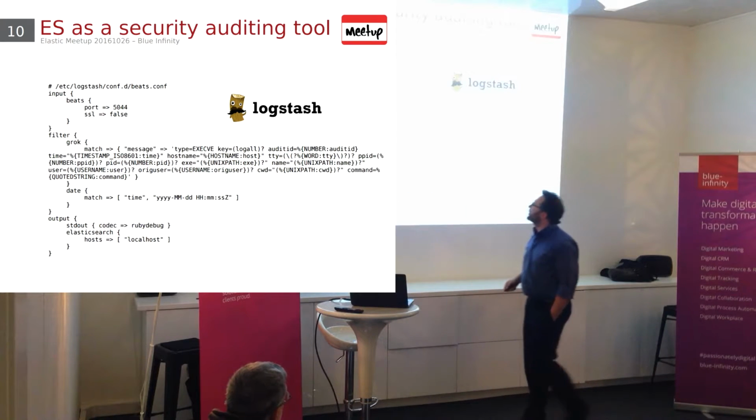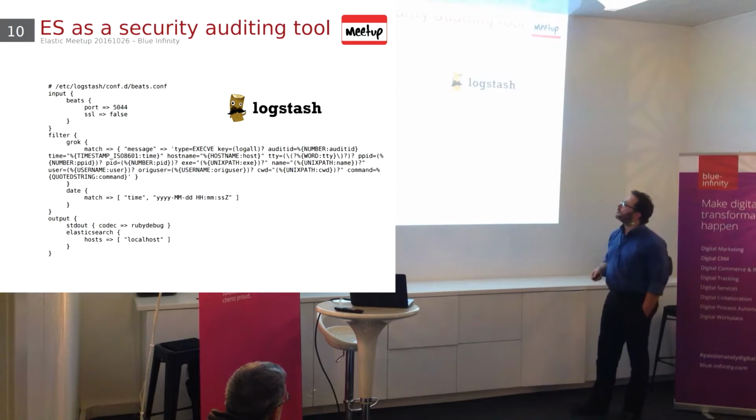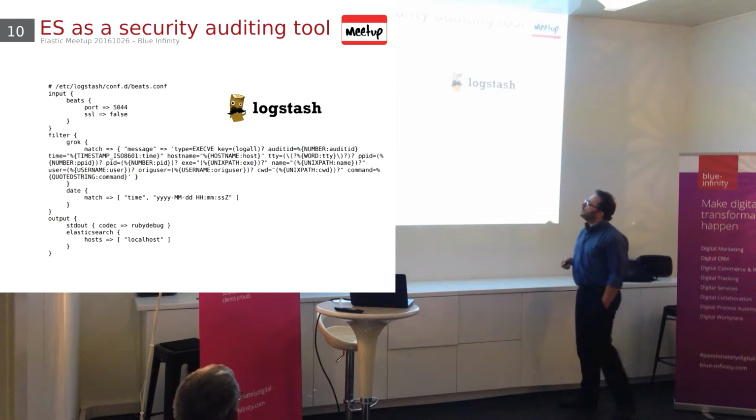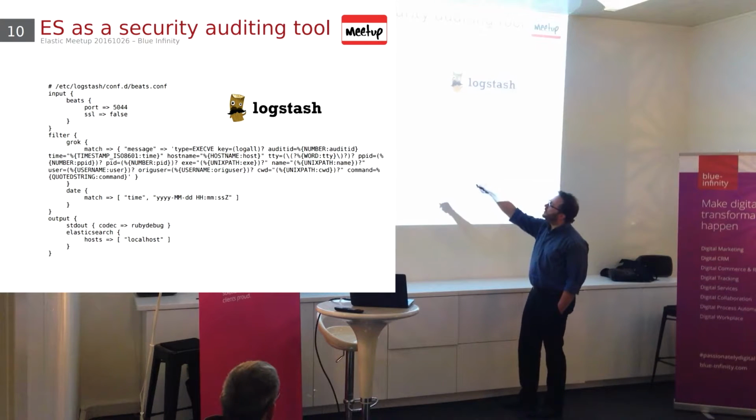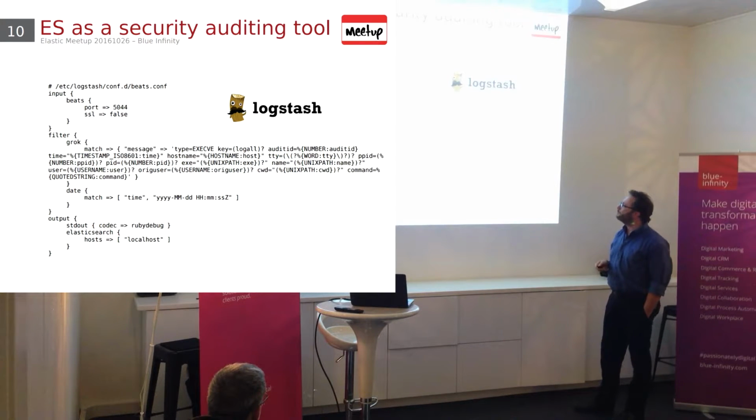Then in Logstash, you will recognize a simple Logstash config file. We specify an input here so that it gets inputs from Beats. Then we send the data through a first filter, a grok filter, to match the event log line.